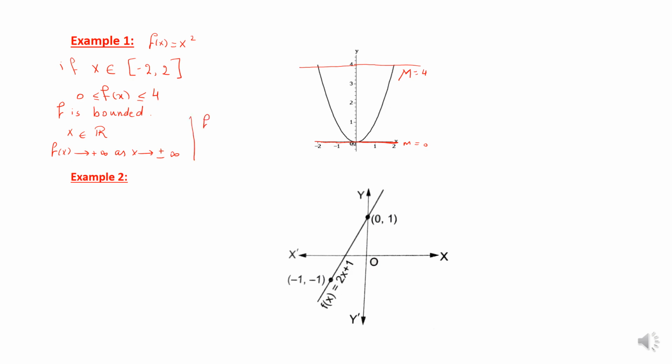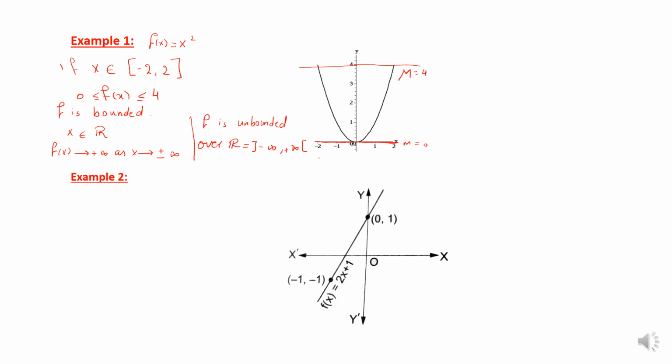Means f is unbounded. The same function, but the interval differs, is unbounded over R, which is, sorry, big mistake, minus infinity to plus infinity.